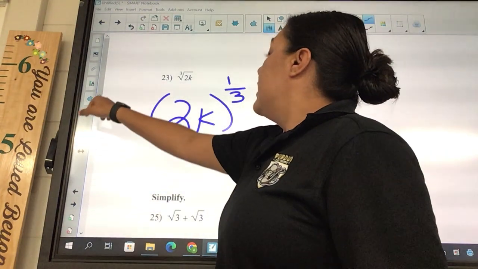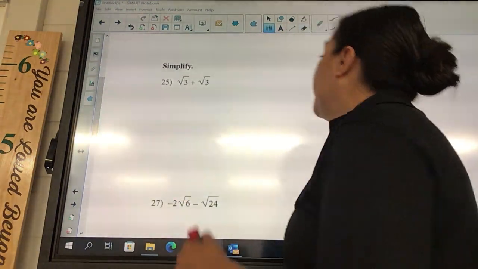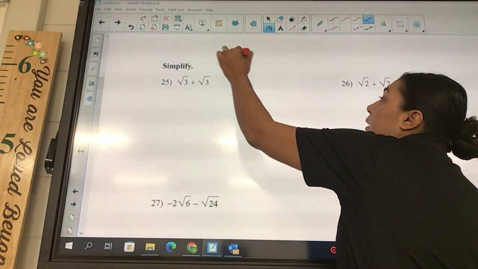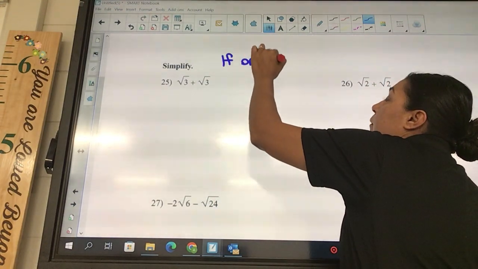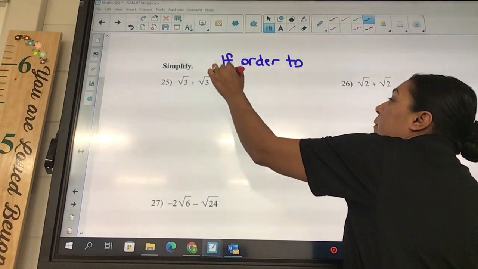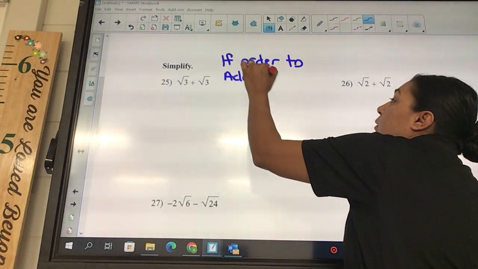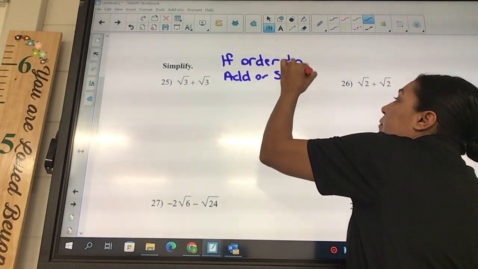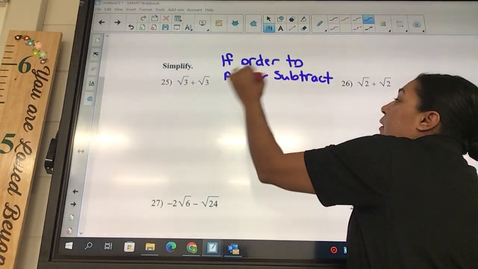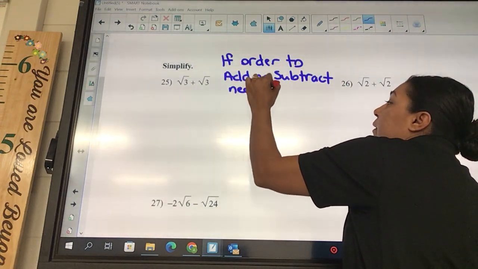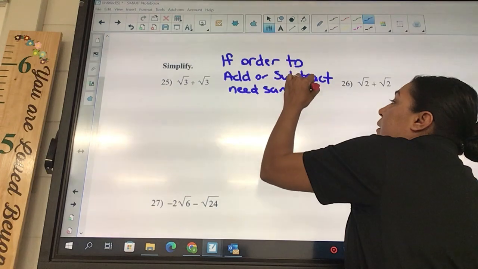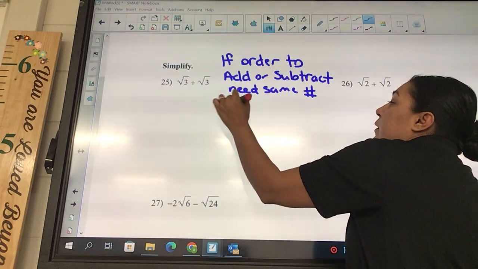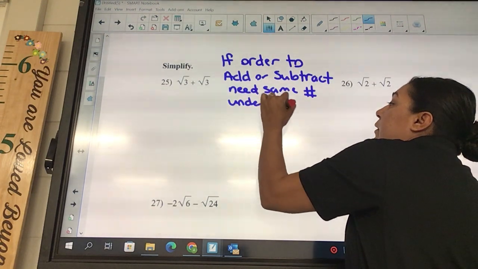Okay, for simplifying radicals, in order to add or subtract, they need to have the same number under the radical.